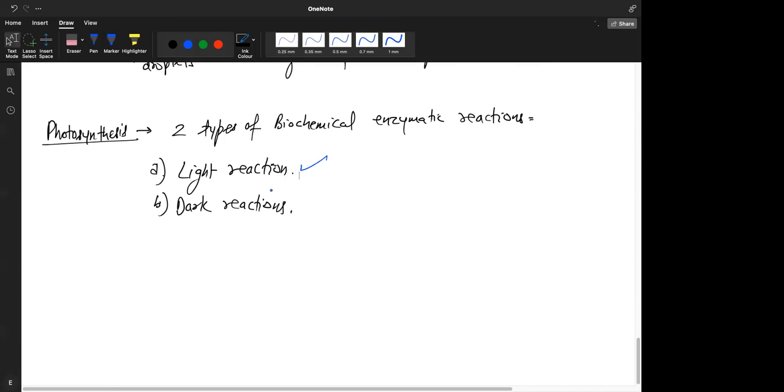We now have chemical molecules which are ATP and NADPH. Write down: as a result of light reactions, ATP and NADPH are synthesized in the cell.